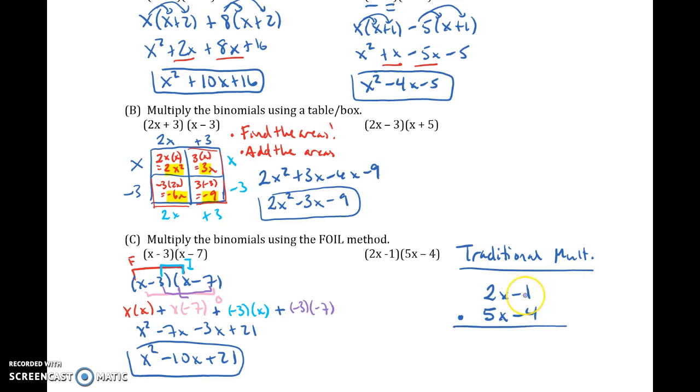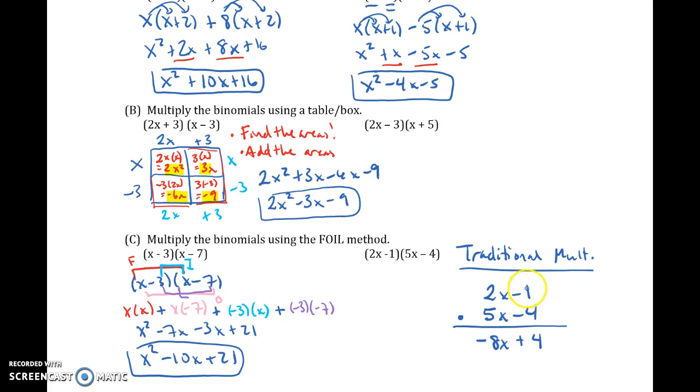You can go through and multiply this just like you do with double-digit multiplication or triple-digit multiplication. -4 times -1 is +4. -4 times 2x is -8x. Being careful to put your signs there, right? A placeholder, you can put your placeholder in if you want to, but just remember to line up your like terms, and that could help as well.